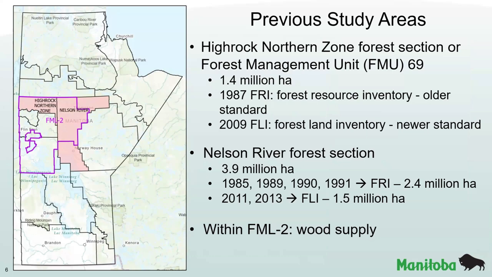These areas had older inventories from the 80s, but there was some coverage of newer vintages of inventory, or the FLI from the 2000s. And they covered an area that we do wood supply in, called Forest Management License Area 2.